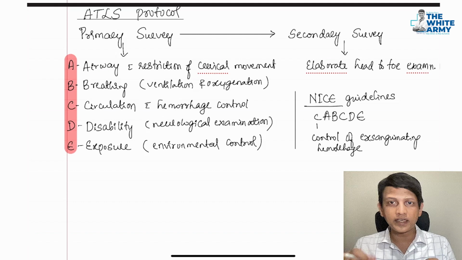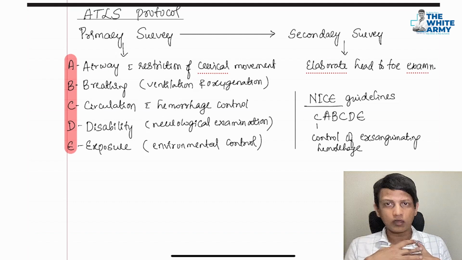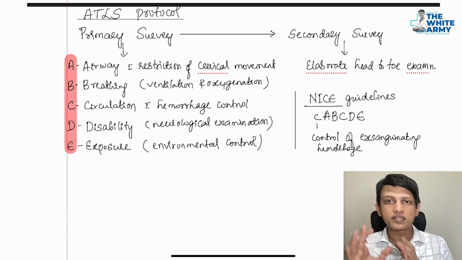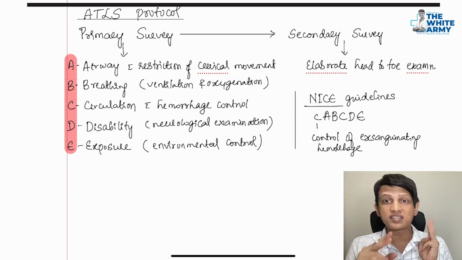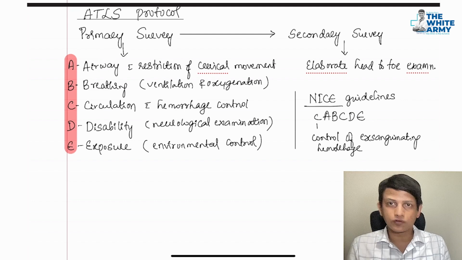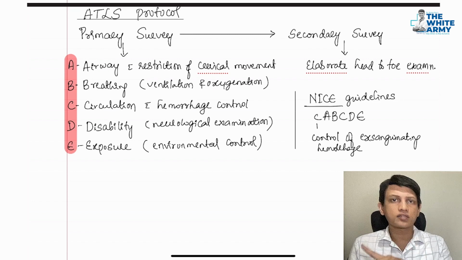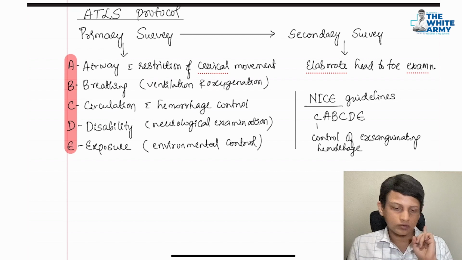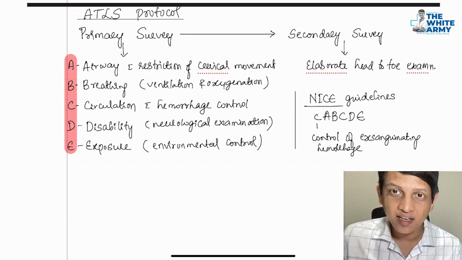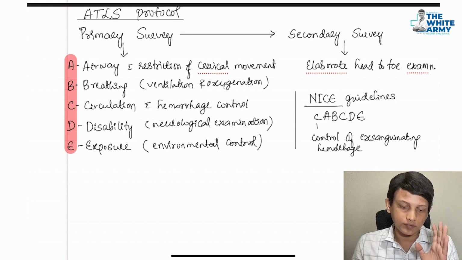First control of the bleeding, then ABCDE. But usually in our setup, we follow American guidelines, that is ABCDE. Control of hemorrhage comes in C. Remember that. Don't get confused. And A includes most of the questions, everything related to this A with cervical spine restriction, the cervical movement.